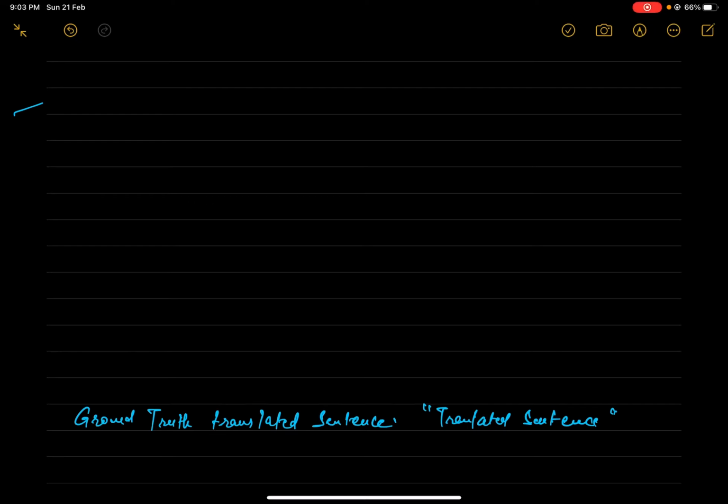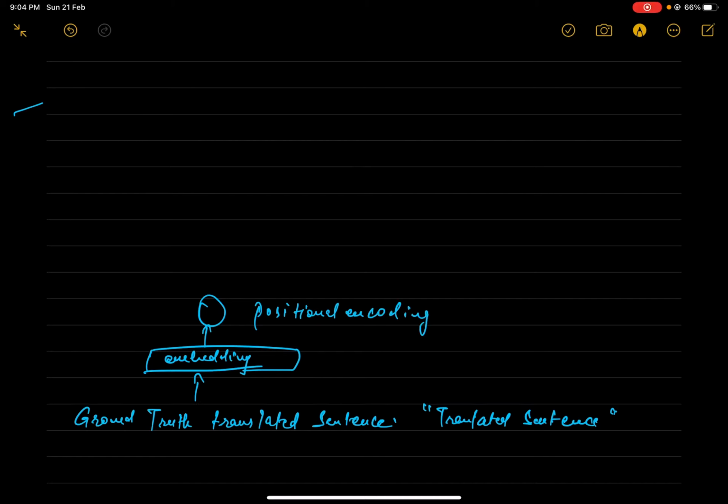It takes the ground truth sentence, again goes through a simple embedding layer, and again to the positional encoding. Now you have an idea of what positional encoding is. I'm going to reiterate it, it provides the positional information of the ground truth sentence.